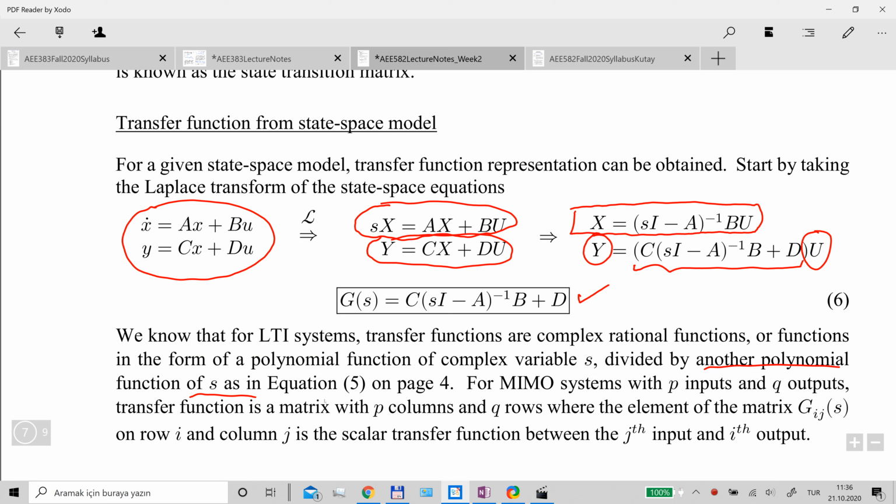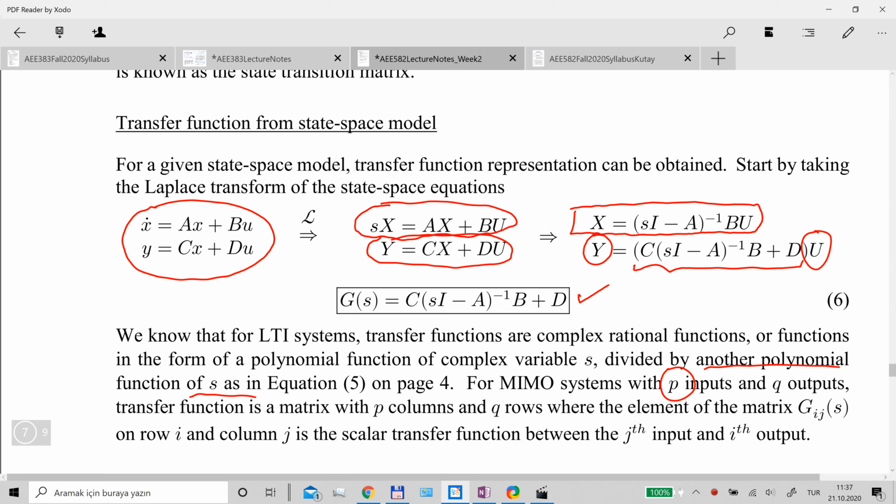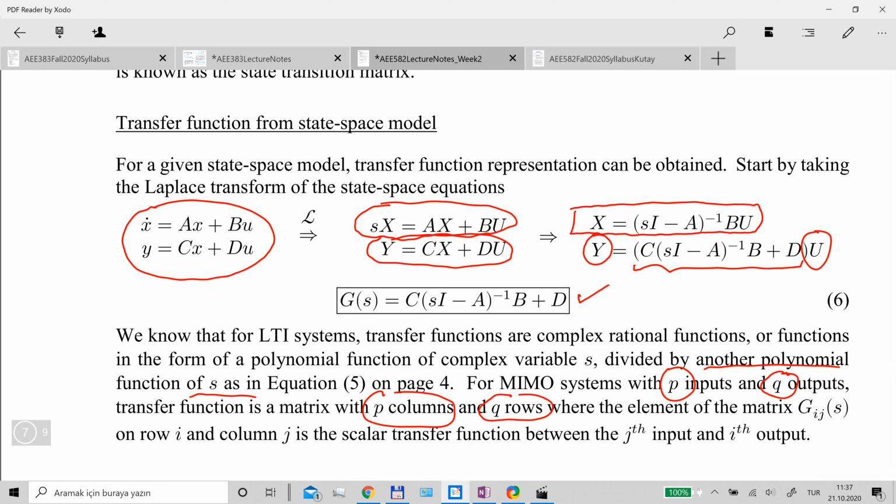If you have a multiple input, multiple output system, in that case, the transfer function becomes a matrix. So if your system has P inputs, then the transfer function will have P columns corresponding to that. And if you have Q outputs, the number of rows of the transfer function will be Q. And you have a scalar transfer function between every input and every output.